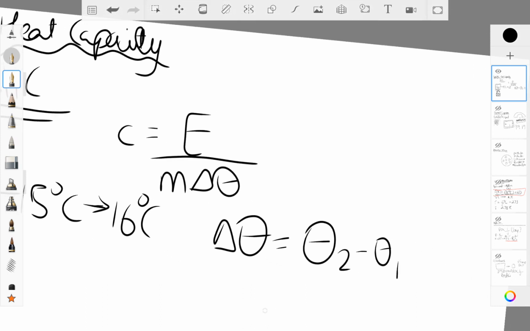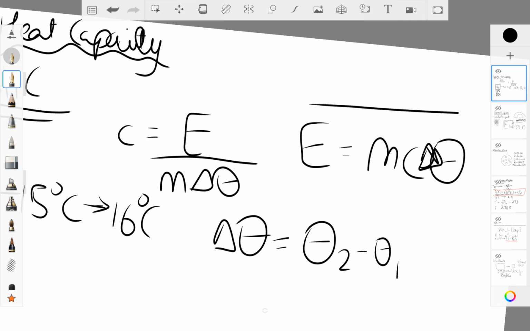Now you can also rearrange this equation to make energy the subject. So E is equal to mcΔθ, and this is a very popular equation that you need to keep in mind. It relates with electricity, and I'll explain that in a minute.